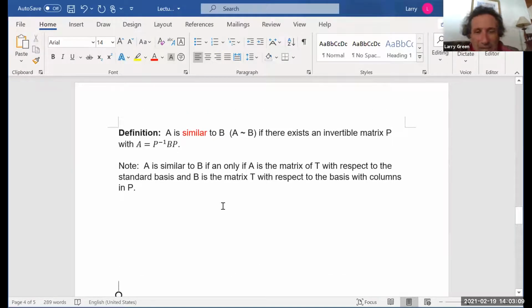A is similar to B if and only if the matrix of T with respect to the standard basis is A and B is the matrix of T with respect to the basis with columns in P. So what that says is that if I look at the linear transformation that corresponds to A, and then I look at that same linear transformation, but in the basis that has the columns of P, then I end up with the matrix B, or vice versa. However you want to go, it doesn't matter.